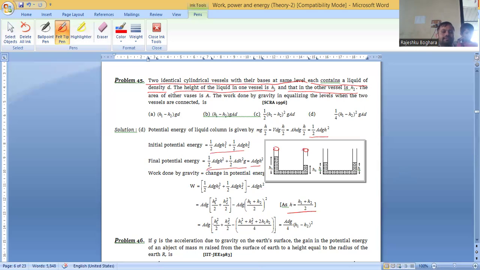So Adg in bracket H1 squared by 2 plus H2 squared by 2 minus H1 squared plus H2 squared plus 2 H1 H2 by 4. Now calculating, we get Adg (H1 minus H2) squared by 4. So we have to remember this is in the form of density and area.